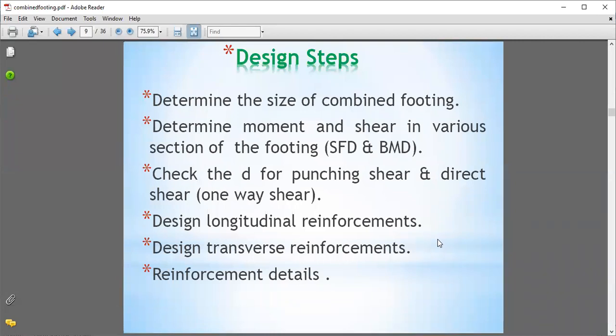After checking this depth, we have to move towards the longitudinal reinforcement and the transverse reinforcement. In the longitudinal X direction and in the Y direction, we have to work out the reinforcement details. And the last one is that whatever reinforcement details we get, we have to show in the diagram.